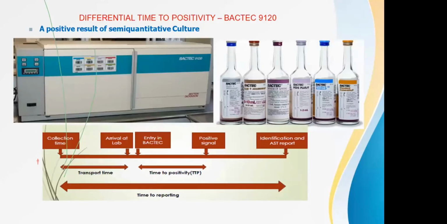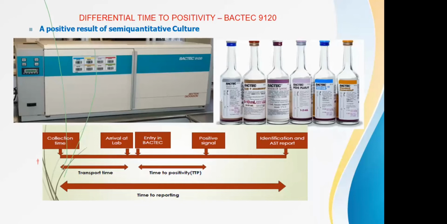Okay, when we talk about blood cultures, as a microbiologist I need to emphasize the semi-quantitative cultures. We need to know about this. And nowadays, the term differential time to positivity, you need to know this. So when you are collecting, what is the collection time? How fast are you sending it to the microbiology lab? After sending it to the microbiology lab, was it immediately pushed into the BACTEC instrument?